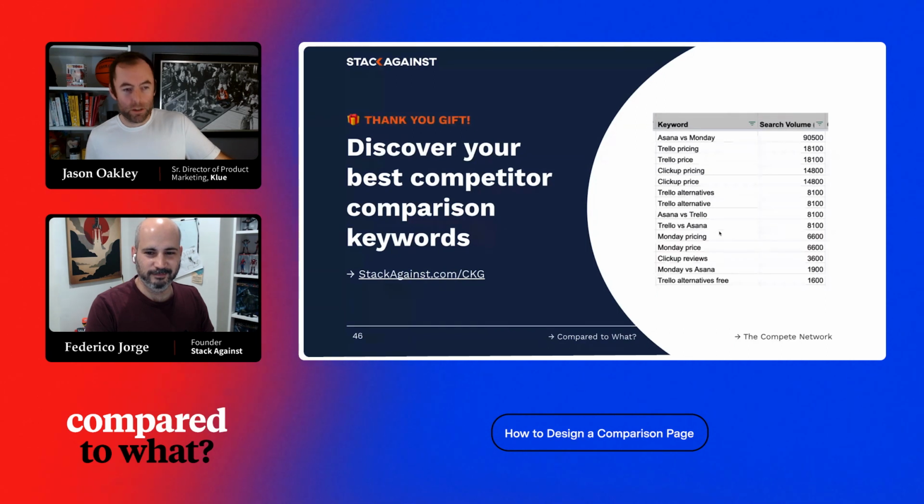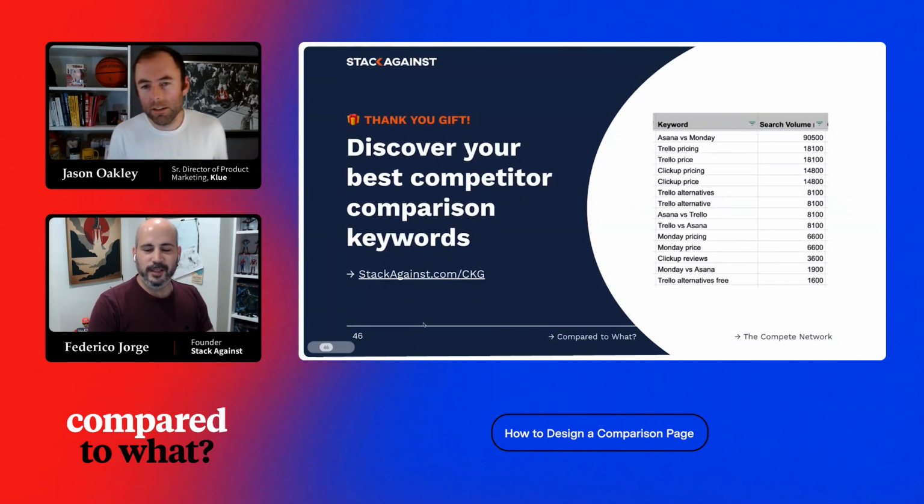So then they go to that link, they'll go to this page. This output that they get is a very easy way for them to know what pages to prioritize first. Exactly. And what keywords they should be trying to rank for, or pay for.